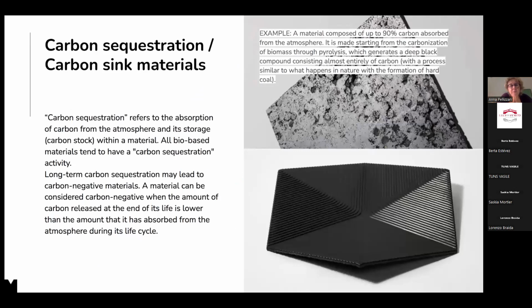An interesting example of carbon sink materials clearly are all those that concentrate natural carbon into a material. So there is a new family of products that are based on biochar, which is basically wood that has been carbonized with a pyrolysis process.